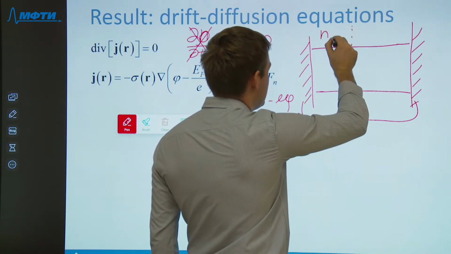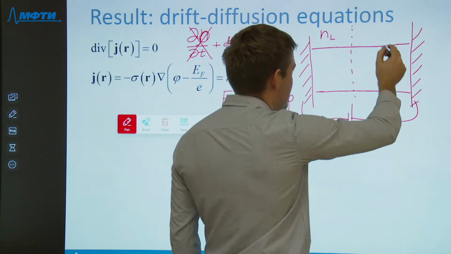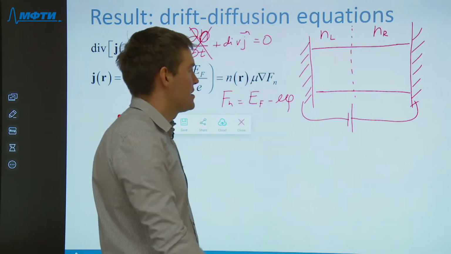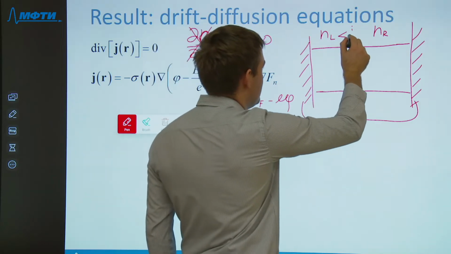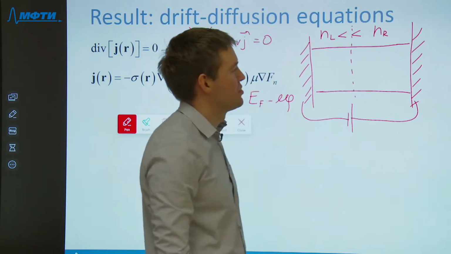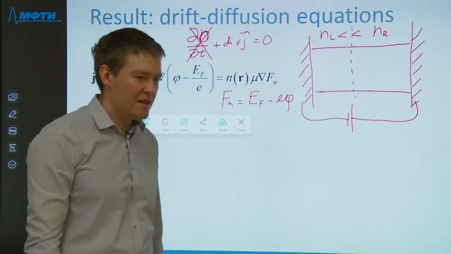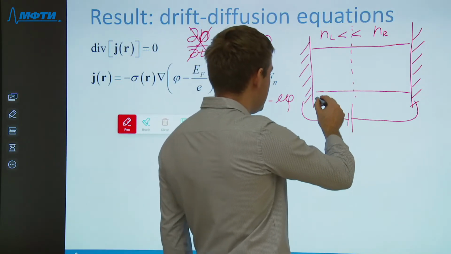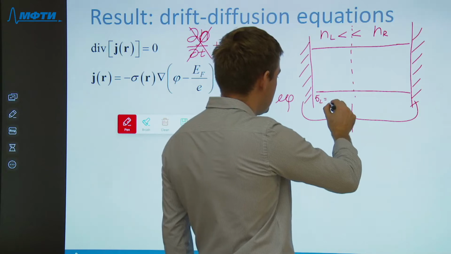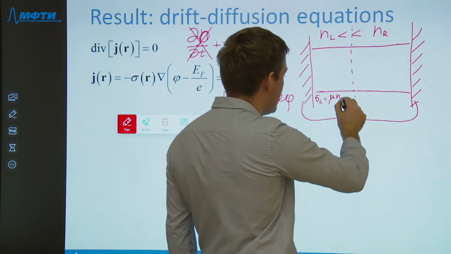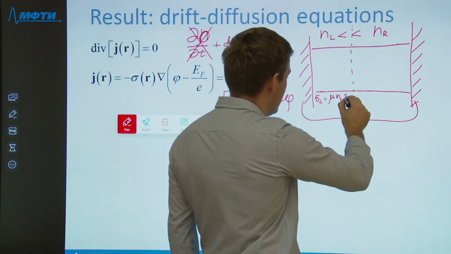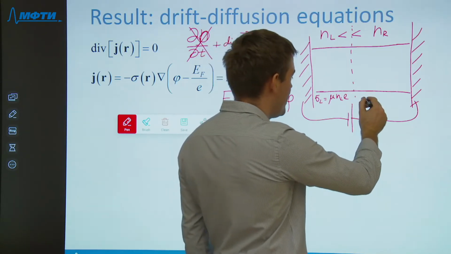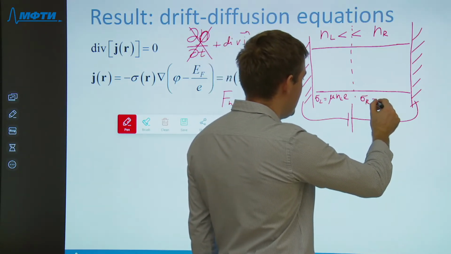It is doped to the density n left in the left section and n right in the right section. And let's assume that the doping at the right is much stronger than the doping at the left. Let the conductivities in the left section and in the right section be governed by the Drude formula, mu N e, where mu is the mobility.